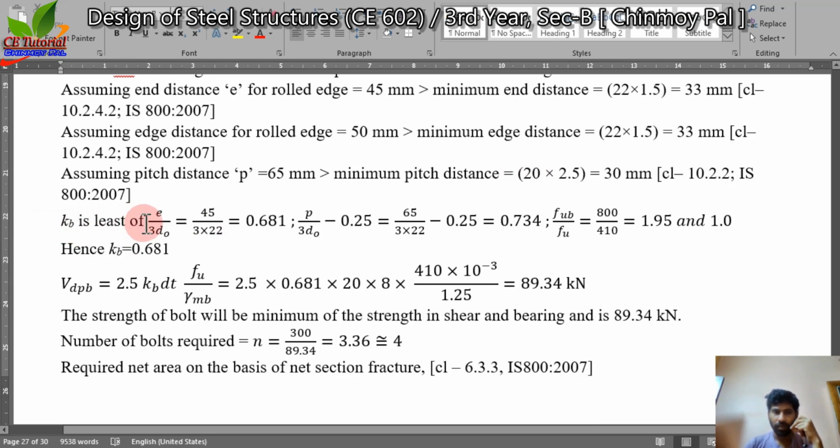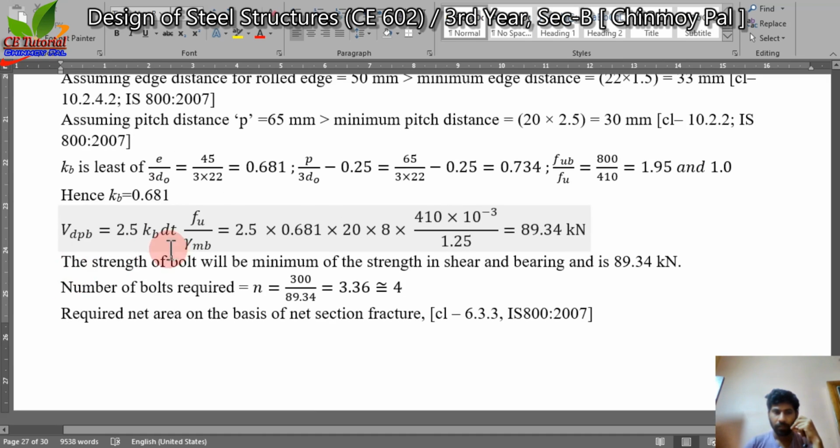Now k_b is the least value of those, you know that, and k_b is 0.681. Now V_dpb is equal to 2.5 k_b d t f_u by gamma_mb. So the bearing strength is 89.34 kN.